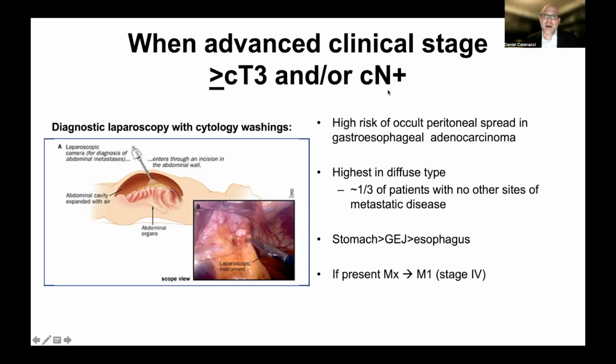These patients have a high risk of occult spread to the peritoneal cavity, which notoriously on CAT scans and PET scans and endoscopic ultrasound goes under the radar and can be present, but we just don't see it there.